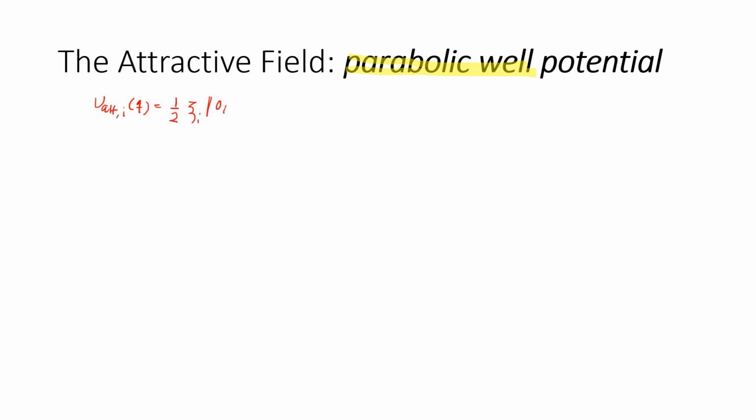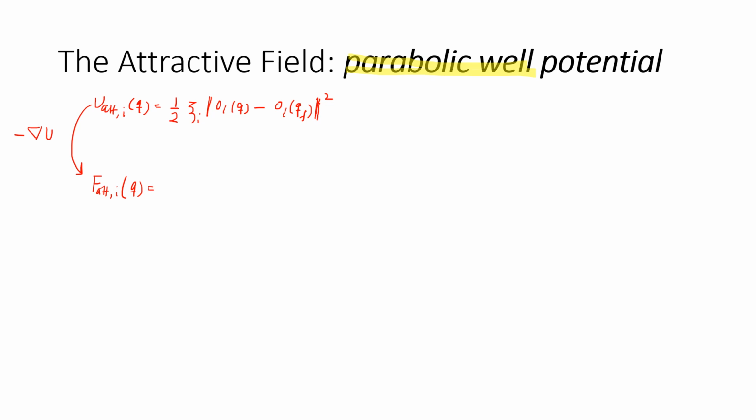The origin of the ith frame, wherever that is in the current configuration, minus the same origin of the ith frame for the final configuration, but now you have squaring of this difference. Now once you have got this, you can obviously, on the basis of the previous practice, take the minus of the gradient of this function. So this is going to give you the attractive force on the ith joint.